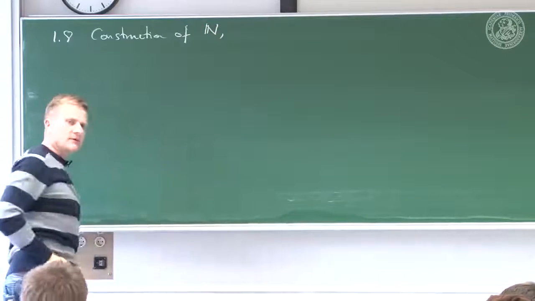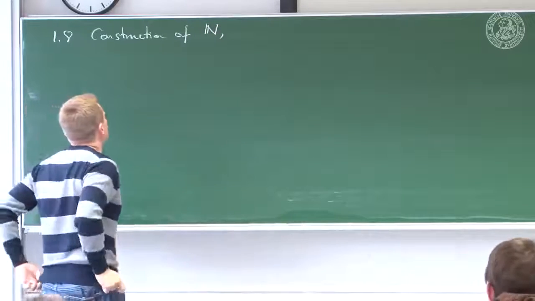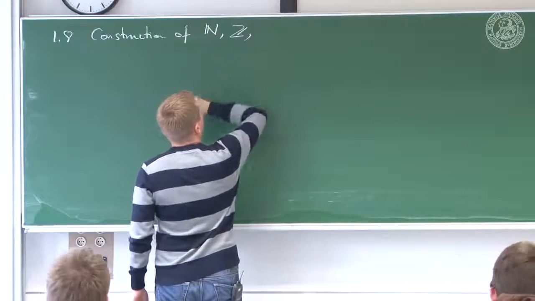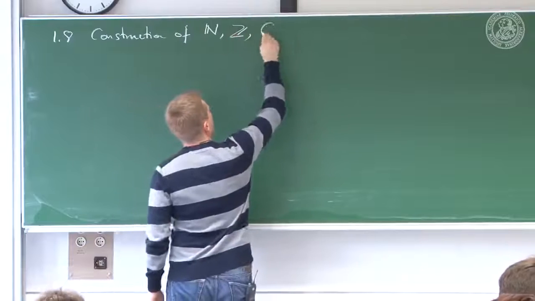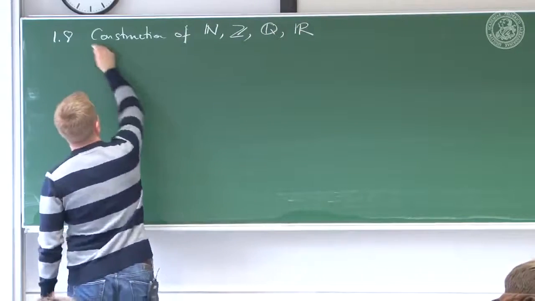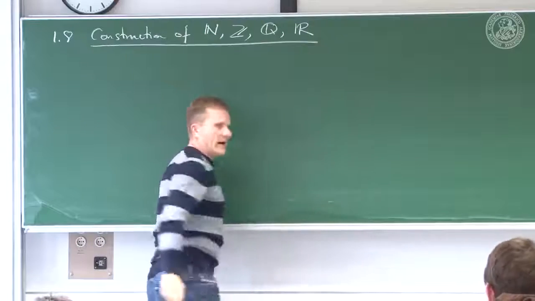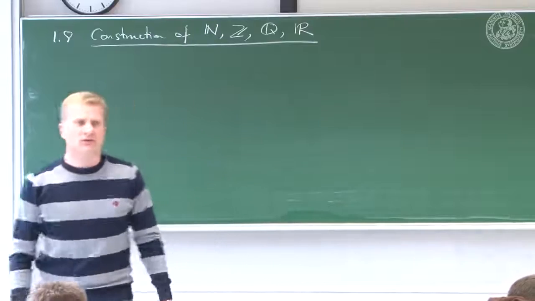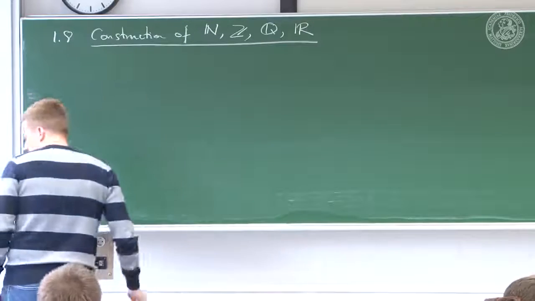We already talked about them, but I now mean including the operations on there. Construction of natural numbers, integers, rational numbers, and real numbers. So if our axioms of set theory are any good, we're able to construct these important sets.